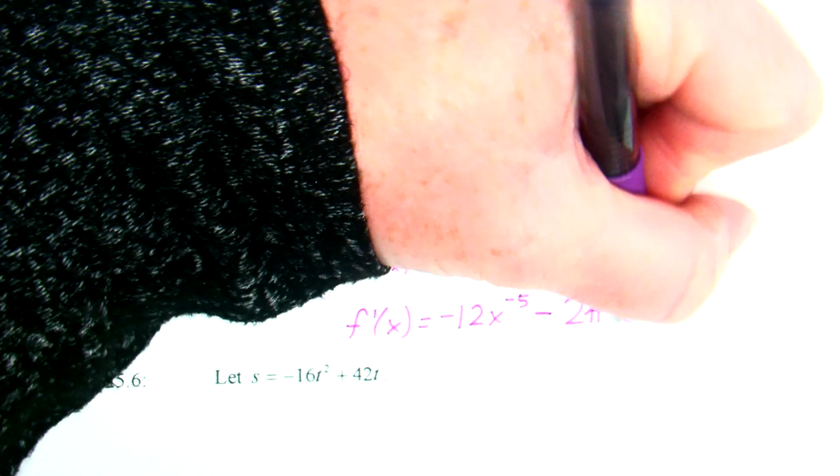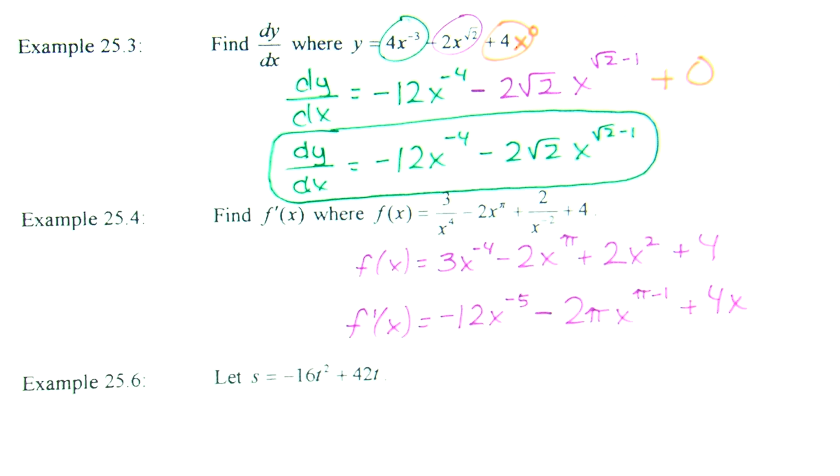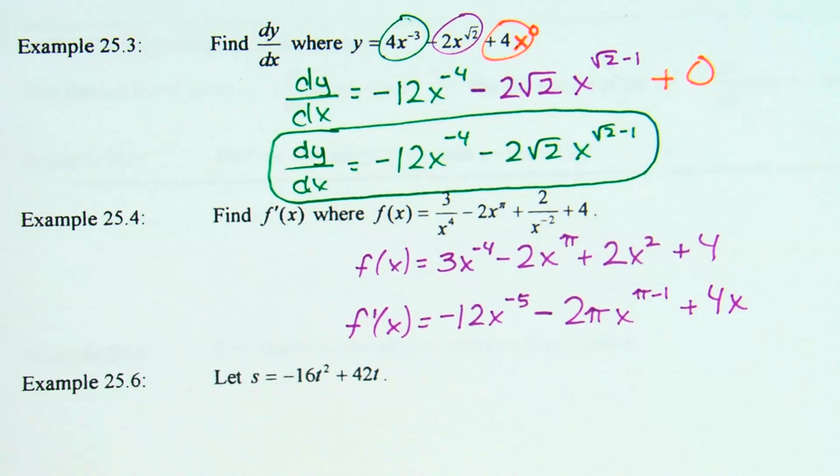Derivative of 2x squared: 4x. Derivative of 4: 0. So there's my answer.